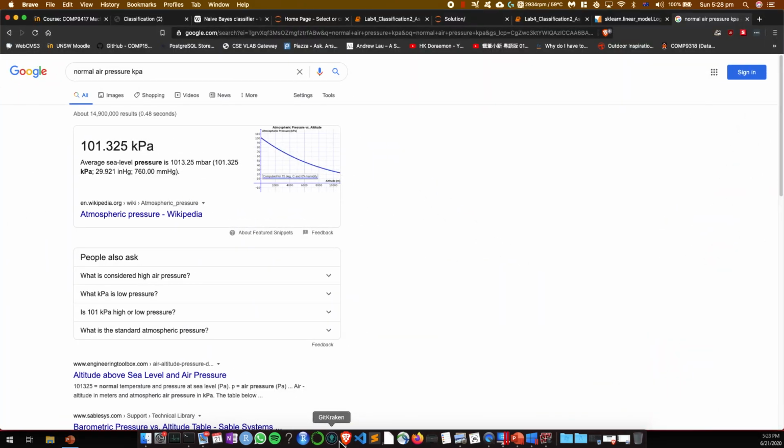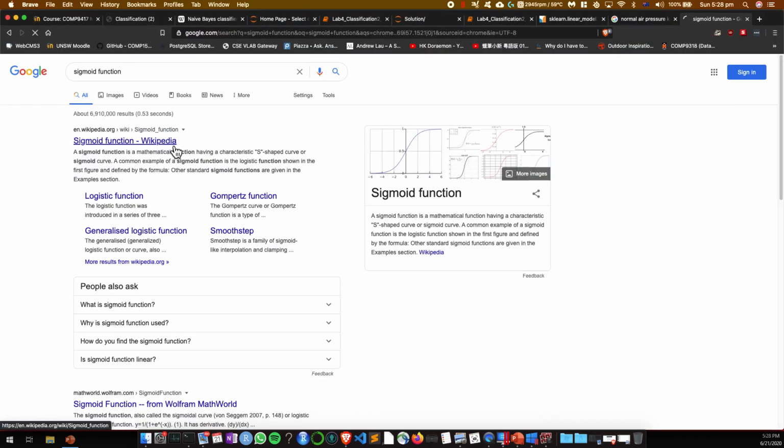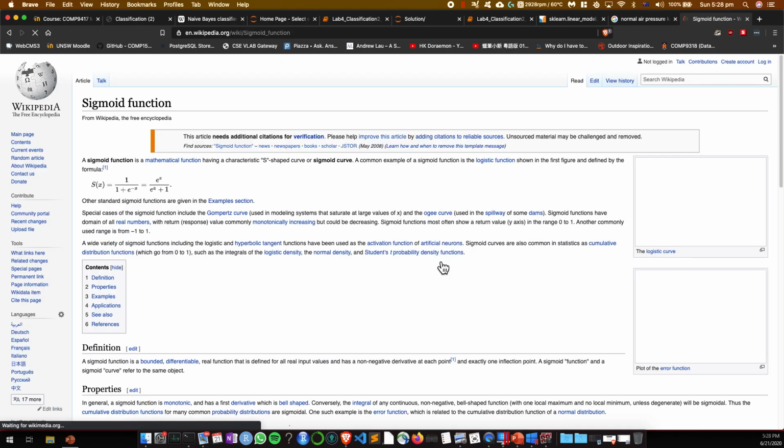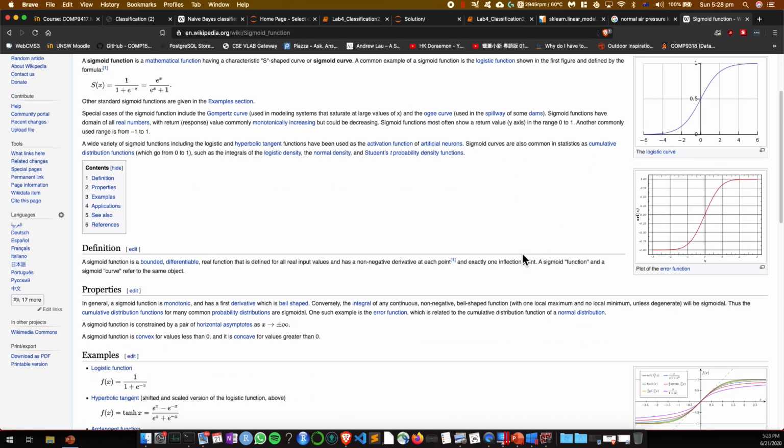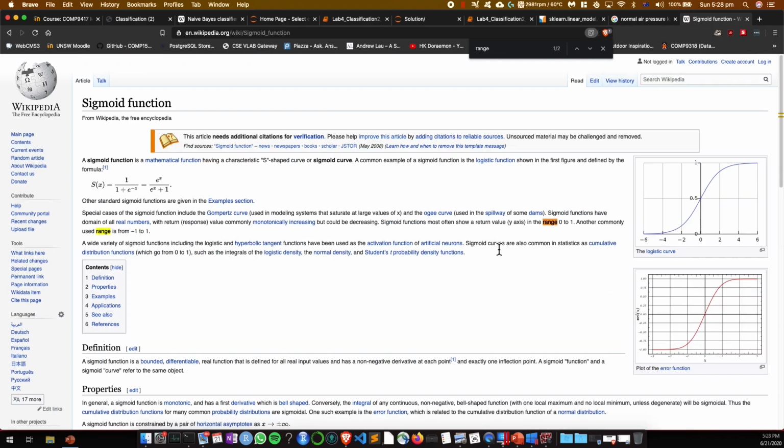Actually, I don't even know if it ever touches. Let me check the range. Is it 0 to 1 inclusive? I feel like it might be exclusive. I don't know if it'll ever touch.